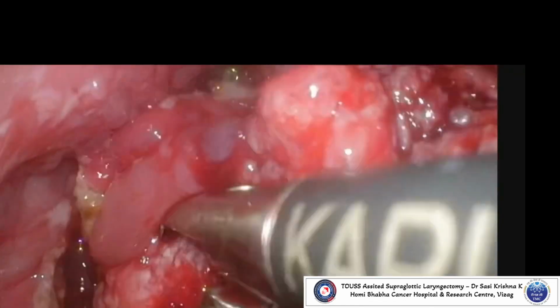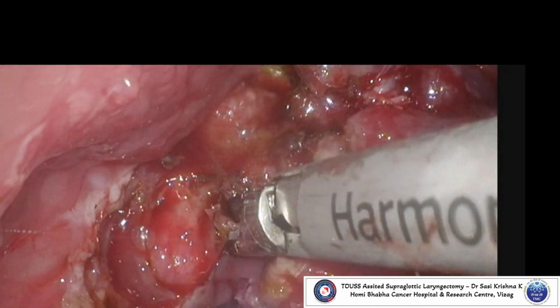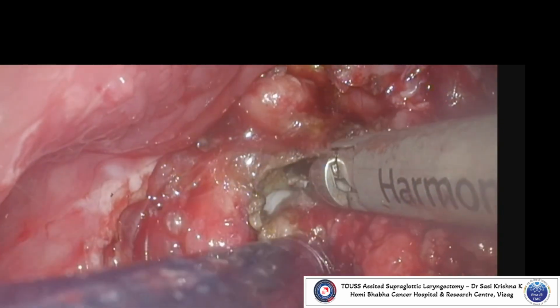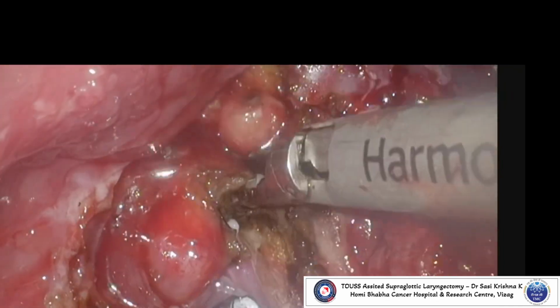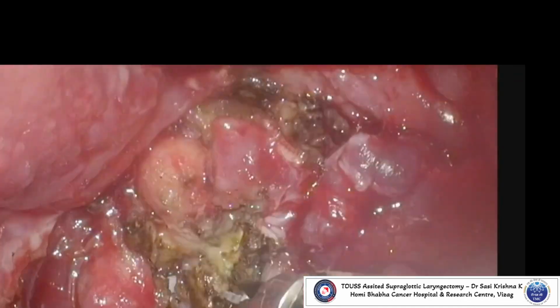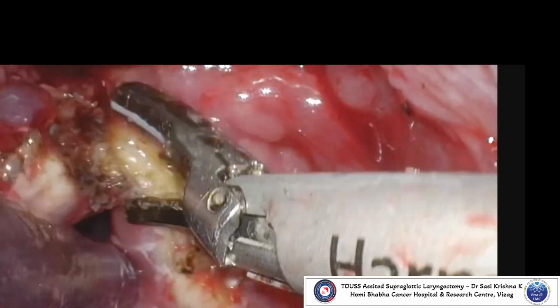Further dissection is performed into the preepiglottic space. Now we can notice the preepiglottic fat popping out. Now the mucosal cuts are being made over the right aryepiglottic fold.